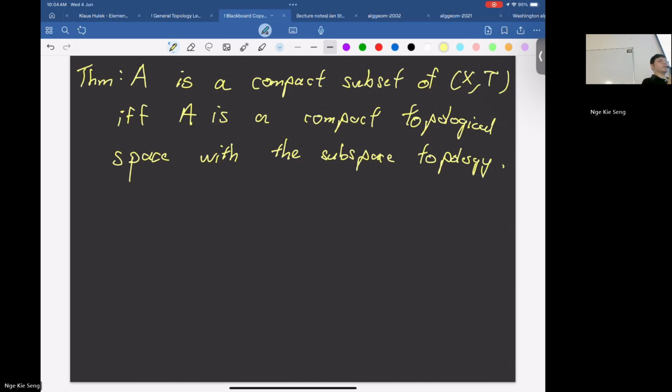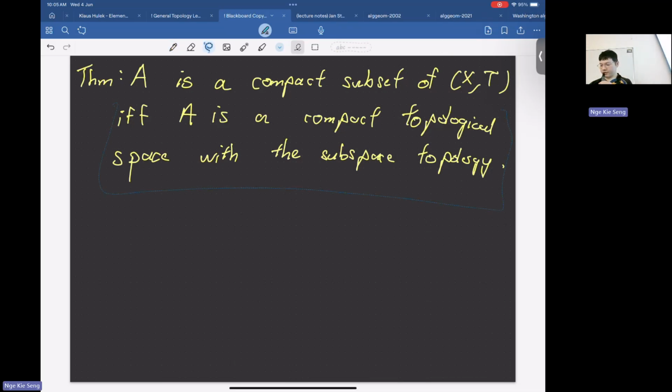Yes, sure, this statement is a biconditional statement, but what's the difference between these two statements here? What does it mean by compact subset? What does it mean by compact space with subspace topology? What's the difference? How do we cover a subset?